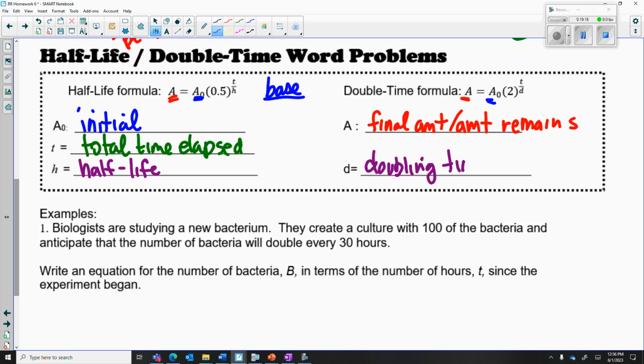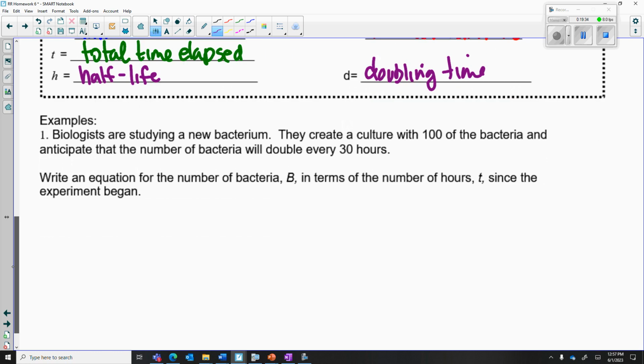So that's the time it takes for the initial amount of the substance to either halve or double, depending on the case. Notice if it's doubling, the base is 2. Notice if it's halving, the base is 1/2, which kind of makes sense. You guys also have to memorize these, so that is something that we need to add to our list of things to memorize that are not on the reference sheet.